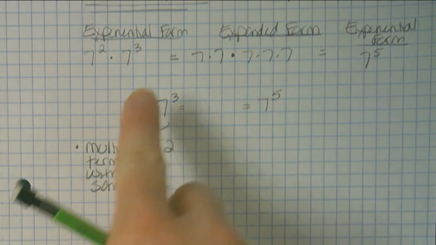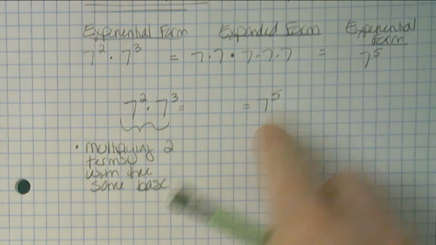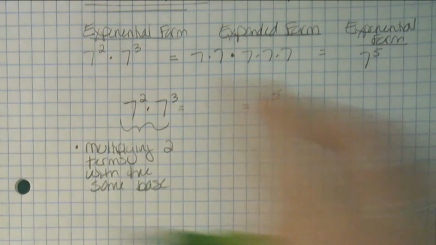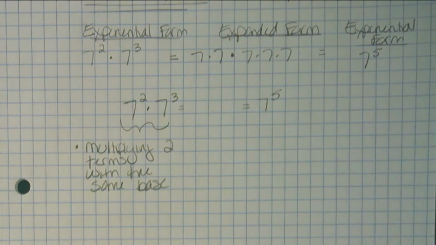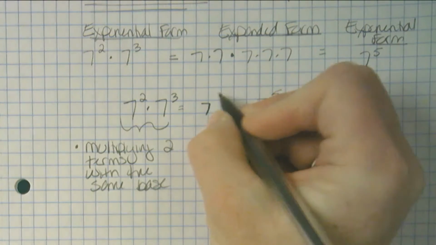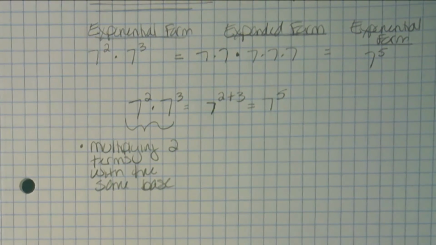How could I get from 7 squared times 7 to the third to 7 to the 5th? What could I do with those exponents to get from here to here? Mia? You add the exponents together. So I keep the base and I add the exponents. That is our rule.